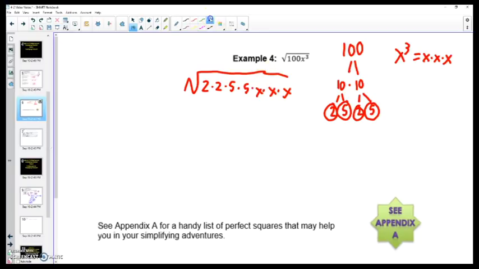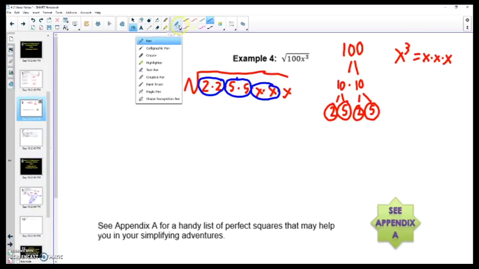So I'm going to write x times x times x. And I'm going to do the same process of trying to find pairs. I have a pair of 2's, I have a pair of 5's, and I also want to look at my variables and see if I have pairs there. I do have a pair of x's. So what I need to do now is I have identified my square factors. I have my pairs of 2's, my pairs of 5's, and my pairs of x's.